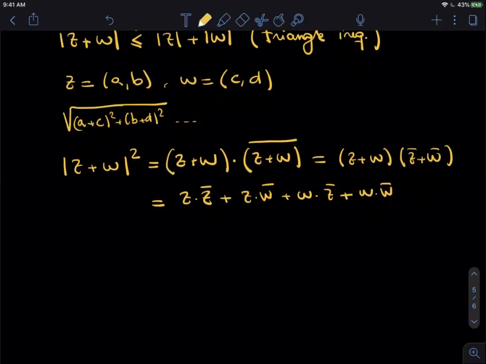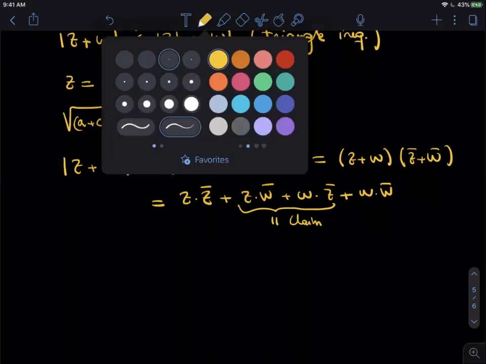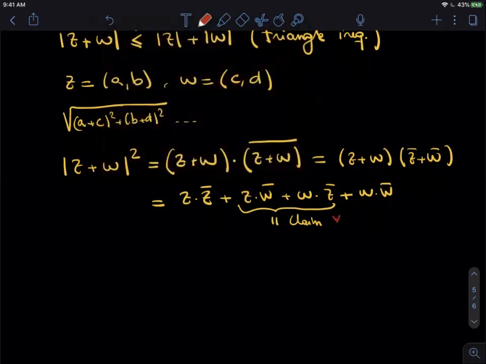Okay, and notice here what happened. Here I'm going to make a claim, and this one I leave for you to prove. So you check this one.